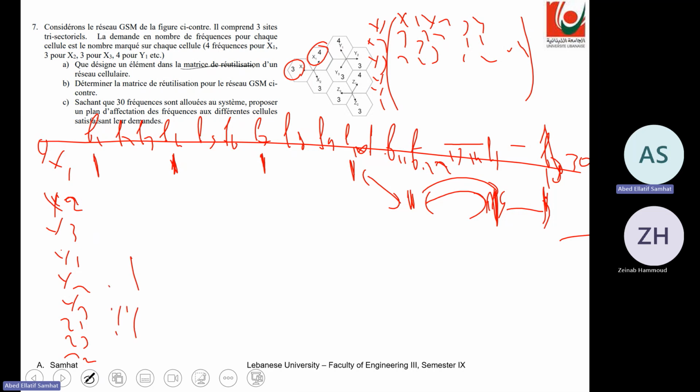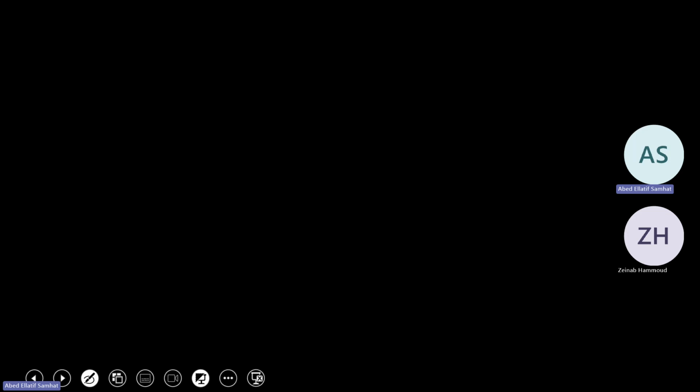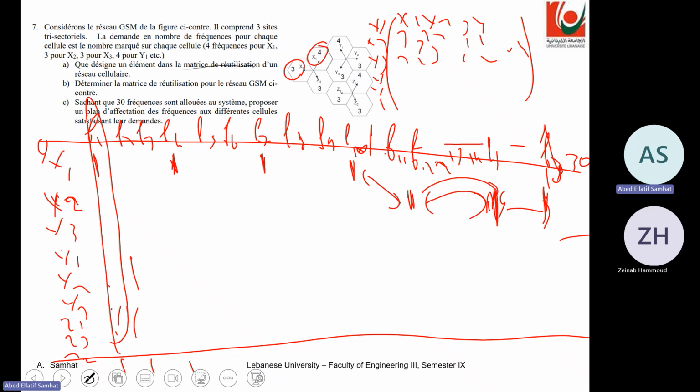The essential is that any frequency should be used only once. So here the total will be 1, 1, 1, 1, only one. The frequency should be only used once. And here the total, if I want to add those, they should be 4, 3, and 3, the requested number.